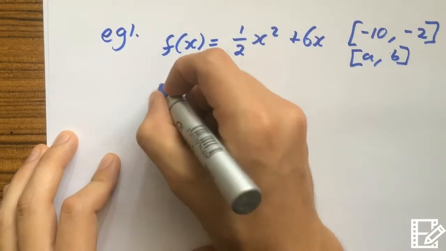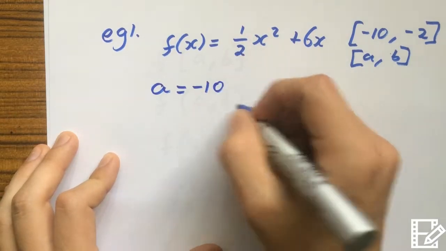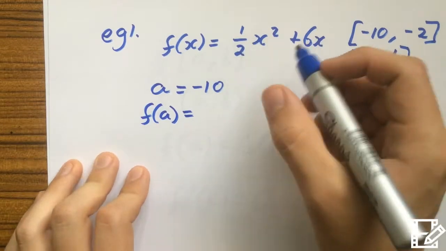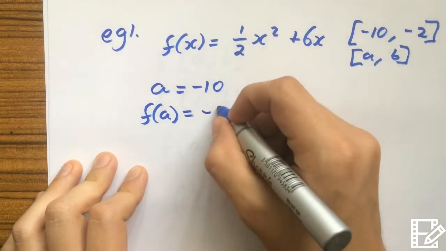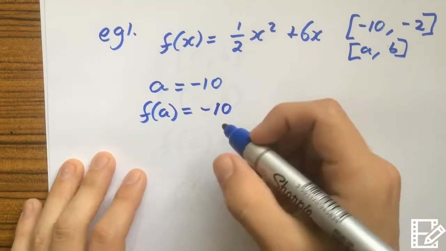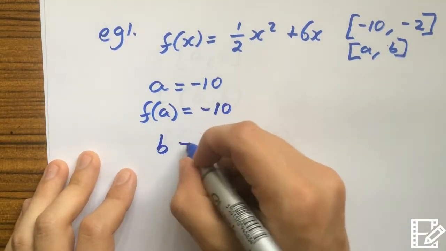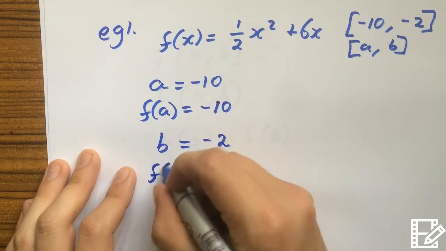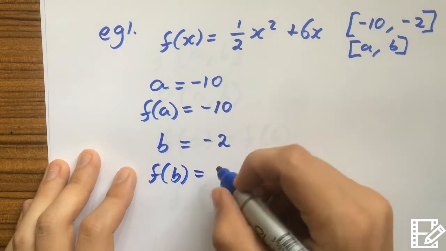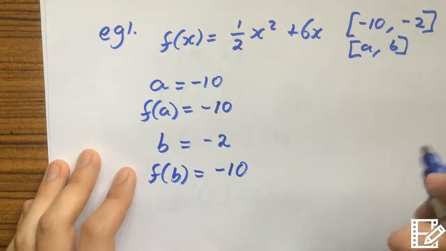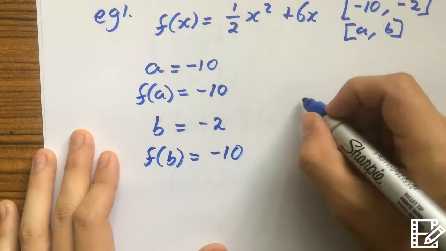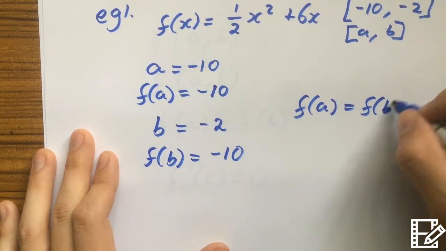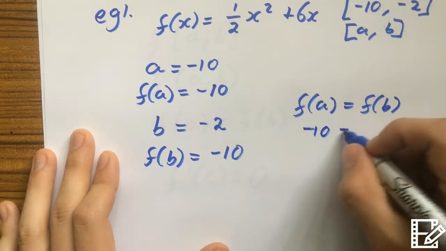So, we have a value a of -10. If we sub that into the function, we end up getting -10. And b is -2. We sub that into the function, and we end up getting -10. So, therefore, f of a equals f of b, because -10 equals -10.